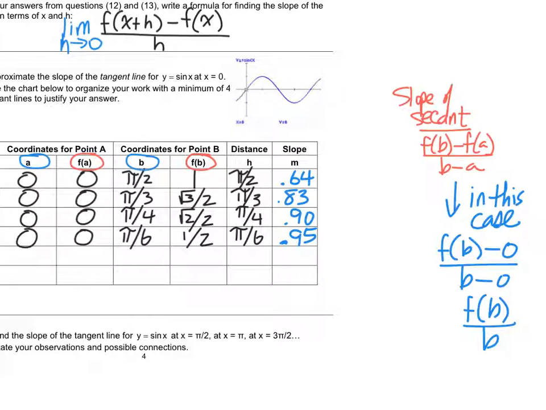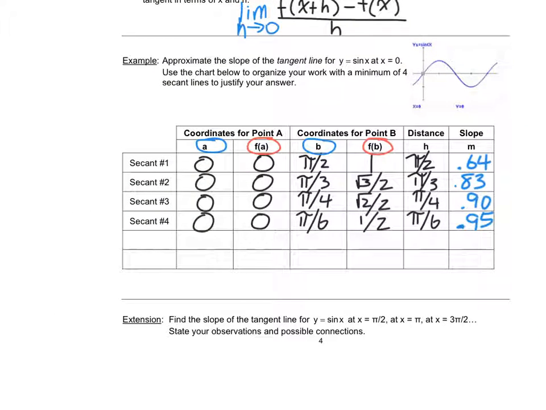So what I want to do is take another couple of points, because I'm not convinced. So I'm going to do another couple of zeros. I'm going to do pi over 12 and pi over 24. You can do whatever you want, you just need something smaller and smaller. The f of b, I don't want to figure that out in decimal form.